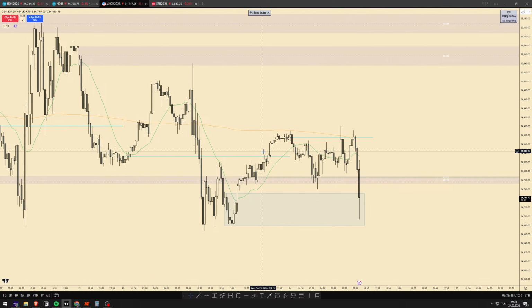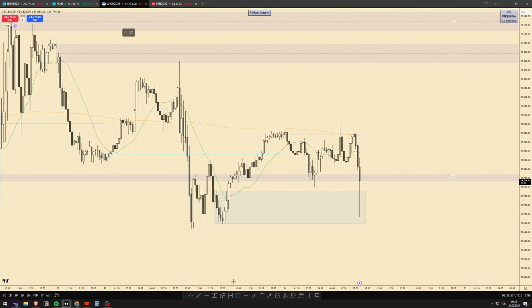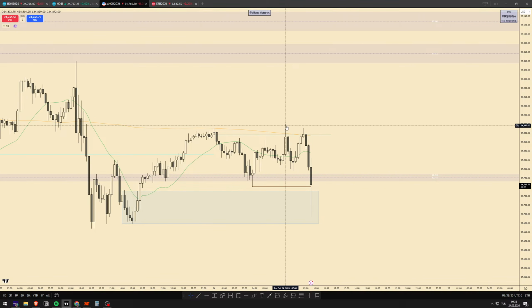There are some imbalances in here too, but they were created in Asia and they were already fulfilled, so I'm just going to ignore them. This is another bigger area. This is the retracement towards the area. This is the last high, right?